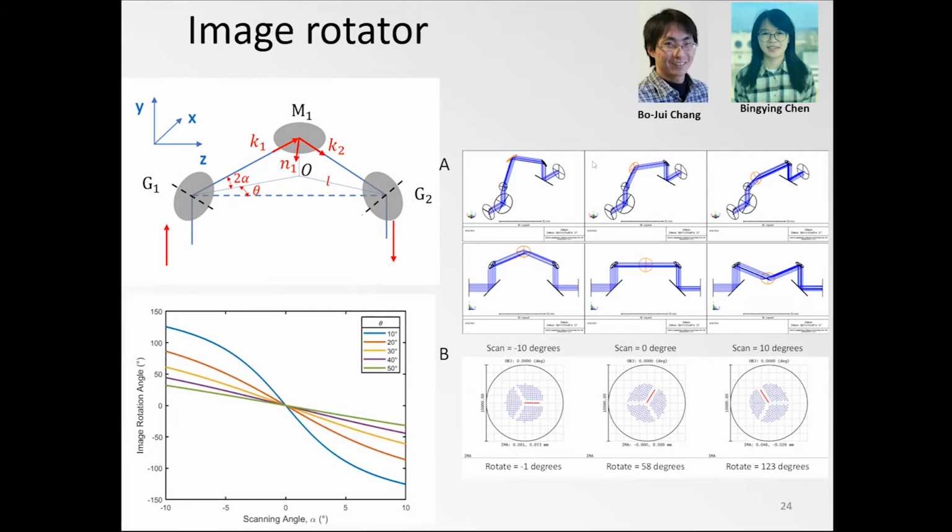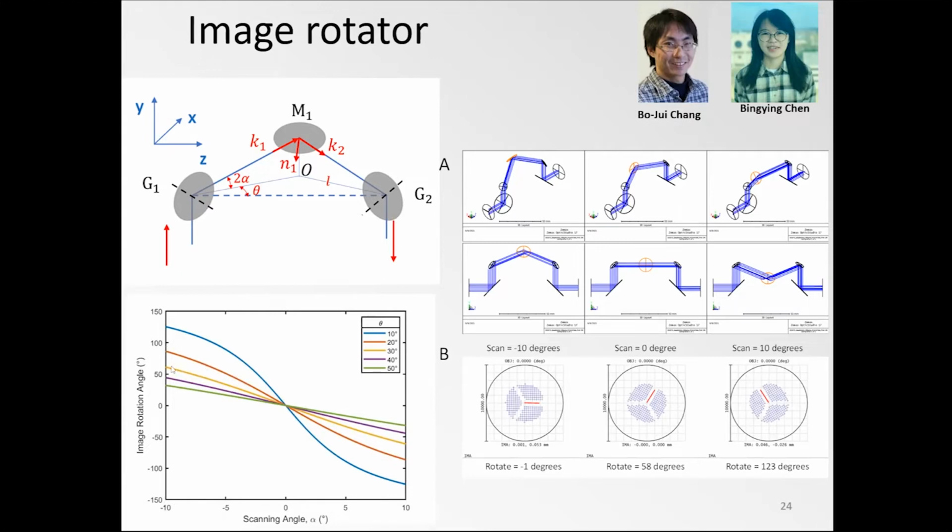And if you then add different static mirrors at different positions, as schematically shown here, hopefully on the next slide it will become a bit clearer, you can actually impart quite a rotation onto the image, which is shown here, depending on the choice of theta and the scan angle. Typical galvo mirrors can do a mechanical angle of plus minus 10 degrees.